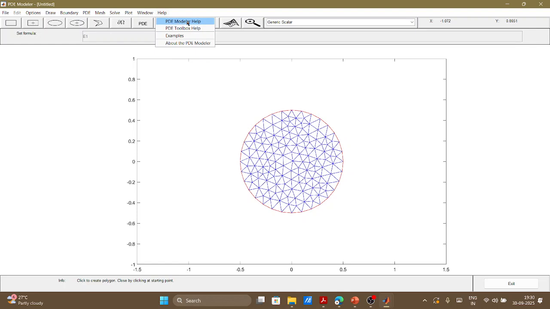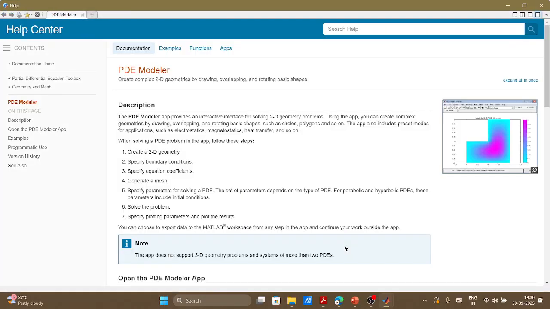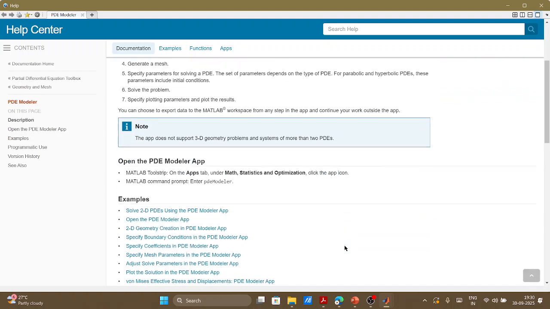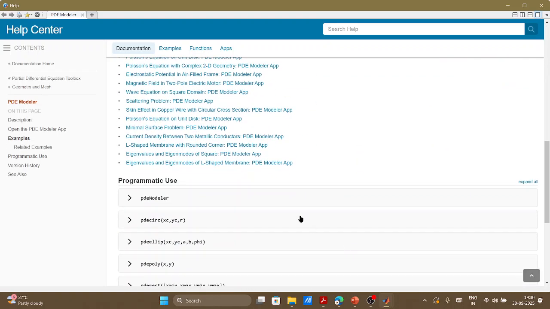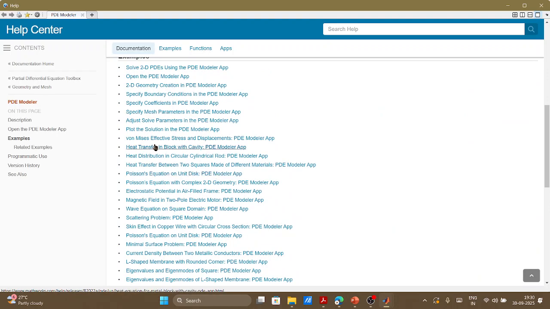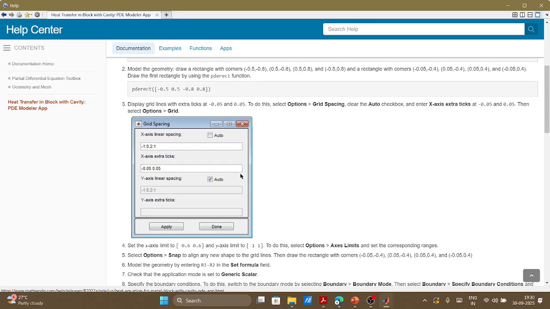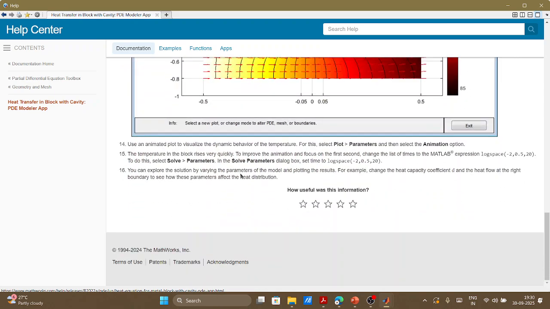Let's look at the help module for this part and see if we can find out how to export the solution. If not, then I will find it out for the next class and let you know. Okay. Here you have been given some examples also, like heat transfer in the block of cavity, how the heat transfer is happening.